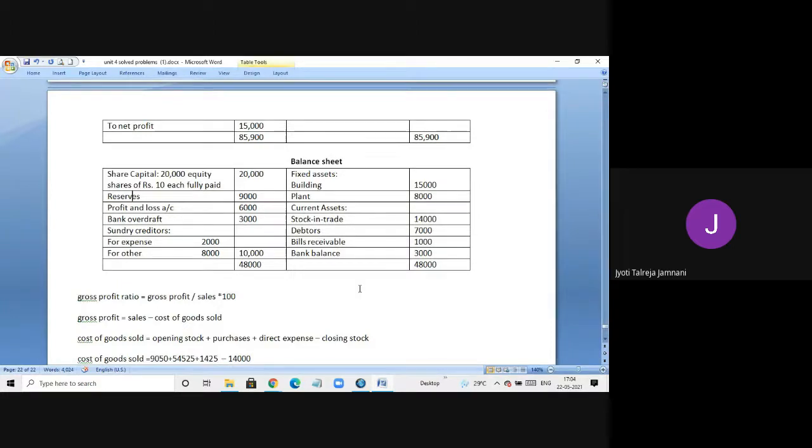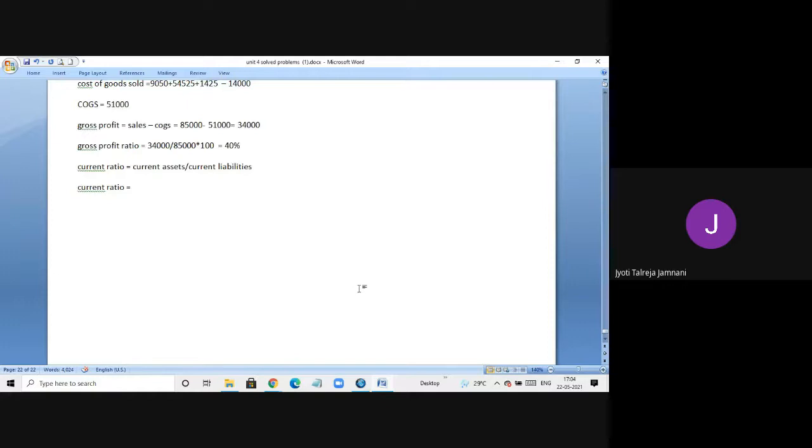These are the current assets. Let's take all of them. Stock in trade is 14,000 plus debtors plus. These are the current assets, divided by current liabilities.